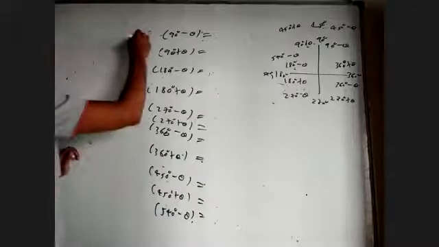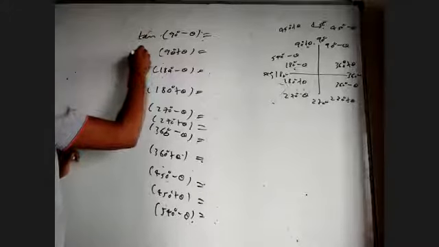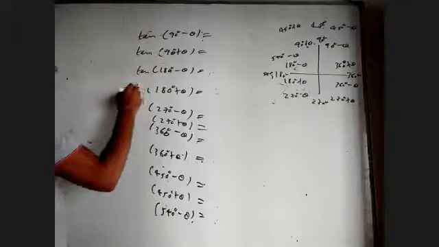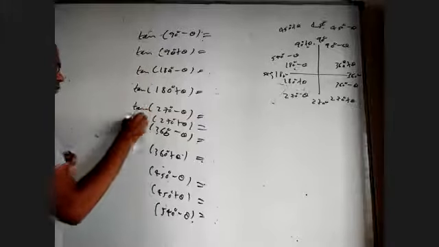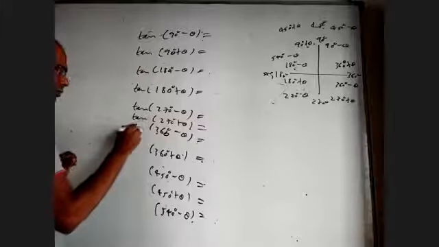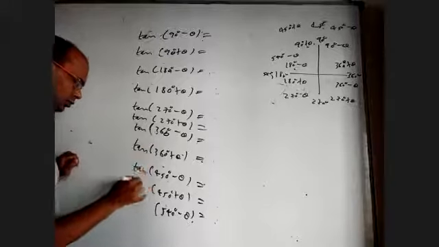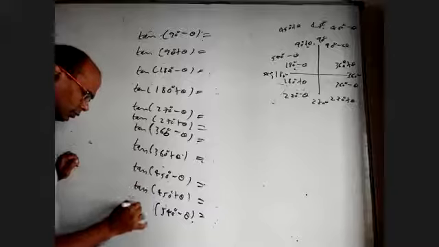Okay, let us do this for tan now. Tan 90 minus theta, tan 90 plus theta. Again, all these are tan. So Vamsi, why don't you answer?